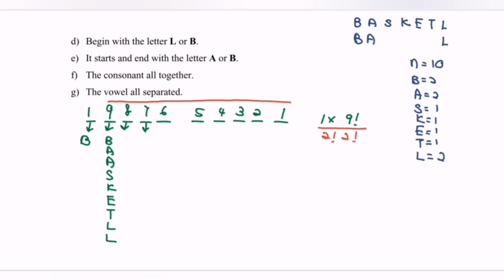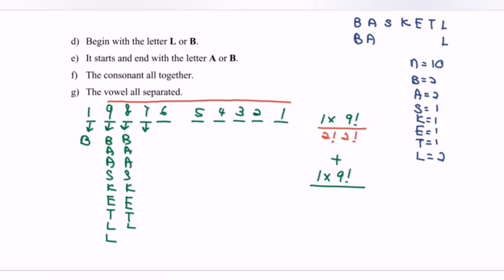Repeat the same thing for the third box. So here we have 8 possible situations and keep on repeating. So meaning that we are going to have another same situation: 1 multiplied with 9 factorial over.